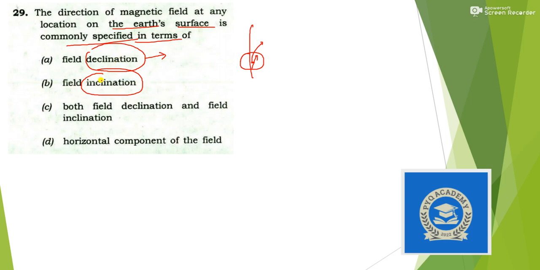Similarly, inclination: when you put a compass vertically, it will make some angle, and this is known as inclination. So both declination and inclination are required. So the answer is option C, both field declination and field inclination.